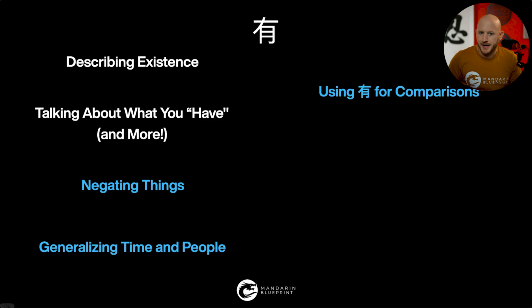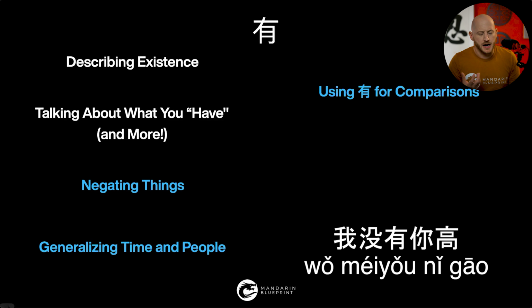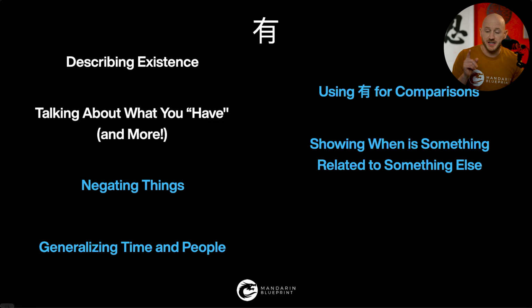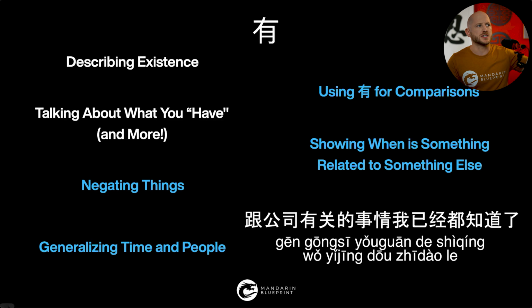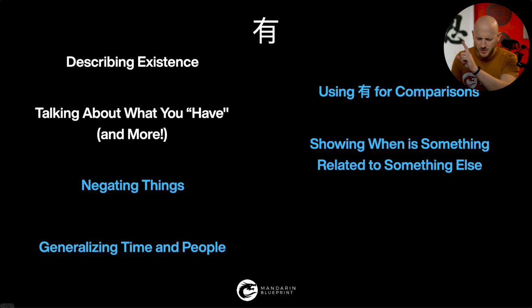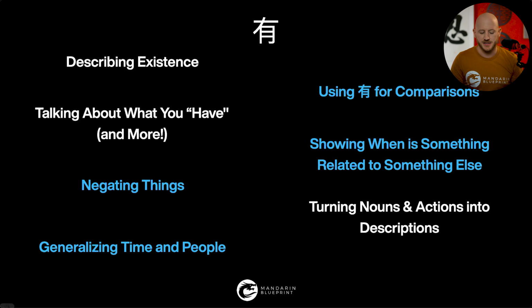Using 有 for comparison, 我没有你高. Showing when something is related to something else with 有关的. 跟公司有关的事情我已经都知道了. That type of thing. 跟公司有关. Turning nouns and actions into descriptions. This was the final one we covered. And man, that is such a useful one to understand how cool Chinese is.